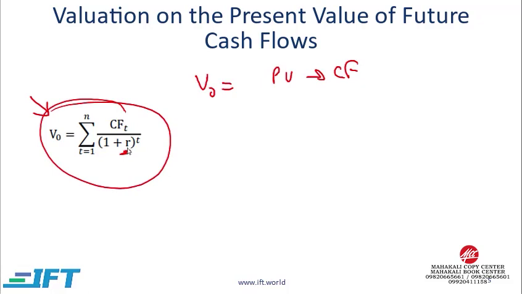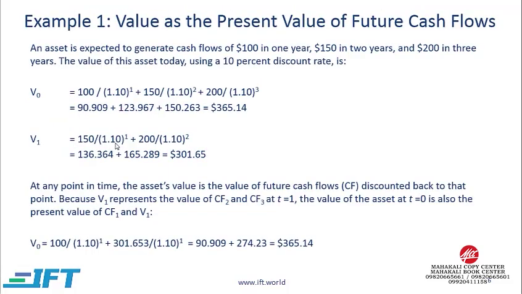If you think of owning a stock and your cash flow is the dividend, then instead of CF or cash flow, we will replace it with dividend, and this R becomes the cost of equity, which will be the appropriate discount rate. So this is example 1 from the curriculum, which is a very simple application of what we've been talking about.